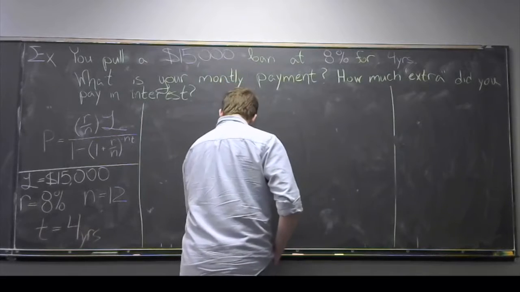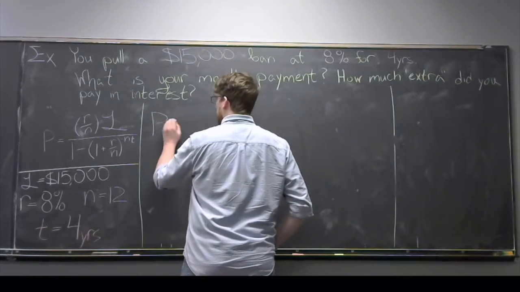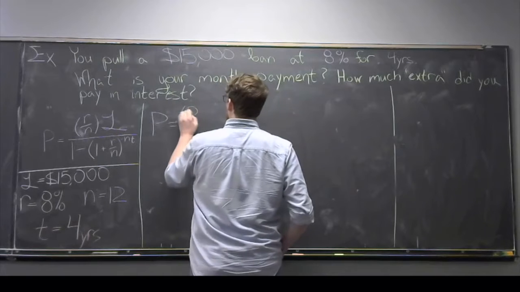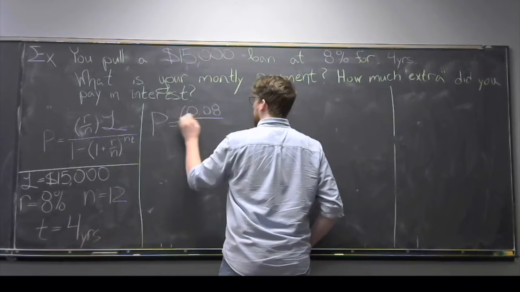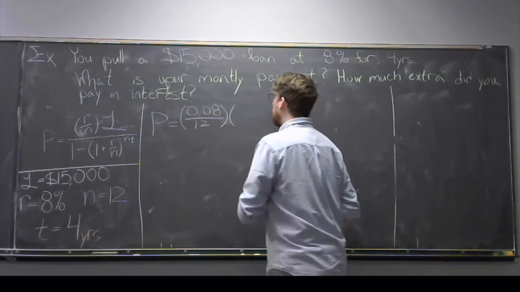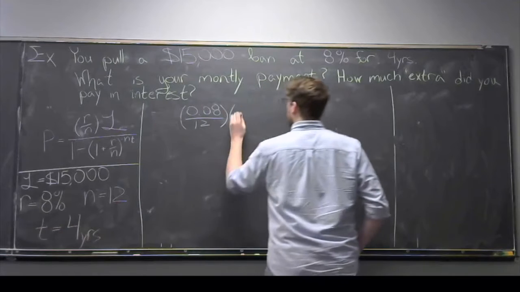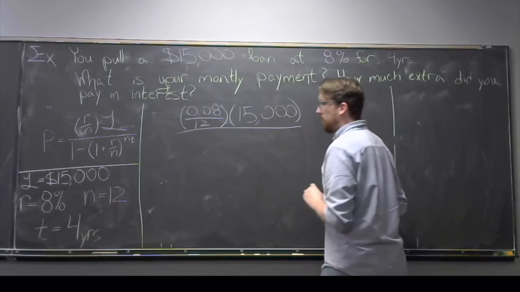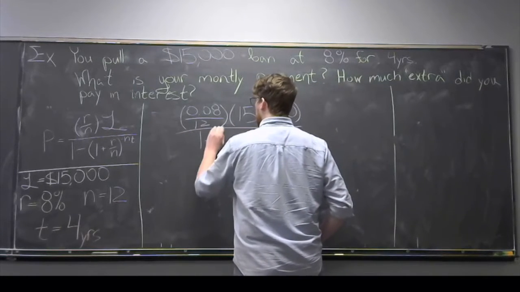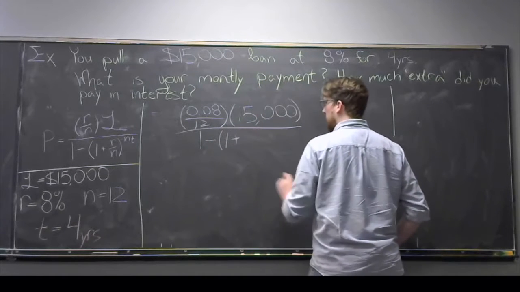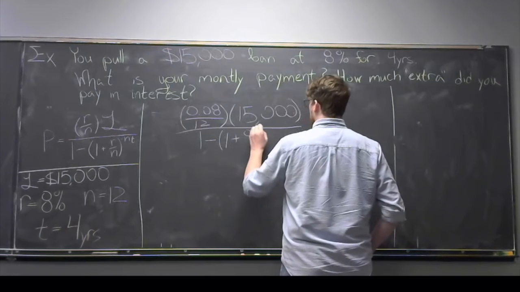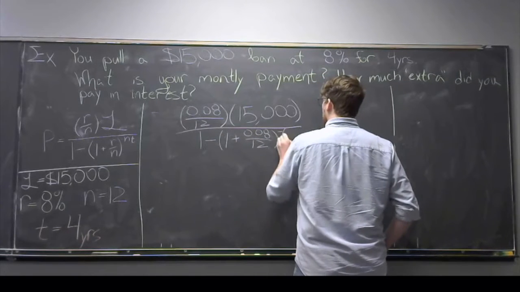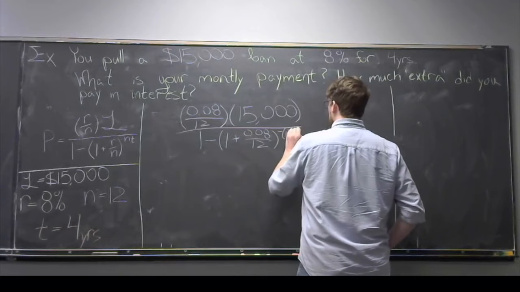So to do that, what we've got is our payment is equal to 0.08 divided by 12 times 15,000 divided by 1 minus 1 plus 0.08 divided by 12 raised to the negative 12 times 4.